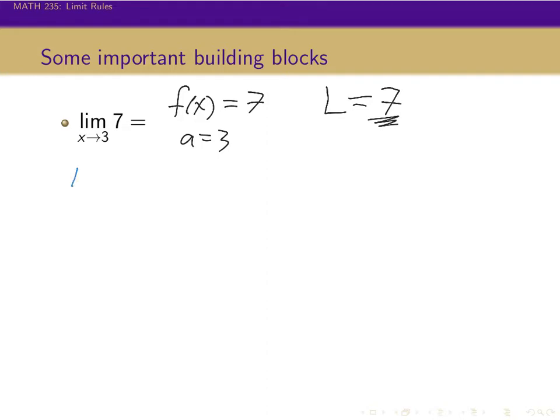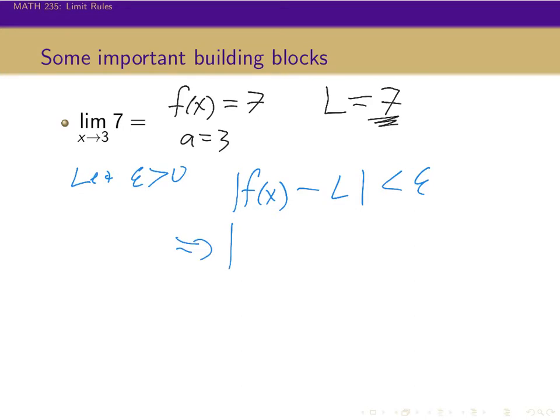So let's let epsilon be greater than 0. And so then we want to look at for what values of x is the absolute value of f of x minus L less than epsilon. Well, let's plug these in. And so f of x is 7. L, our guess for the limit, is 7.